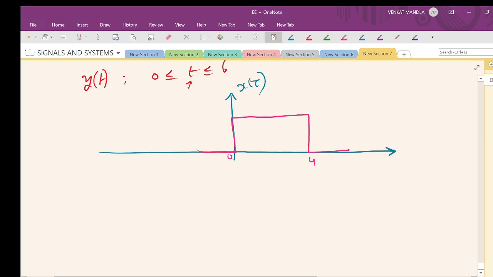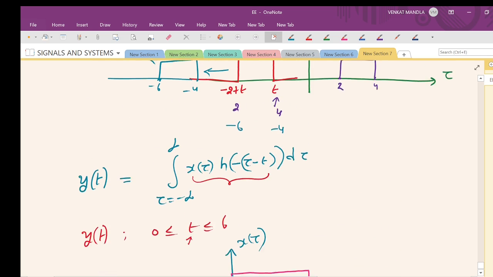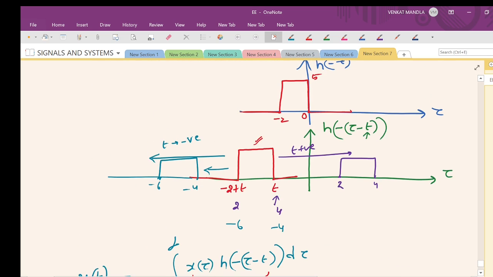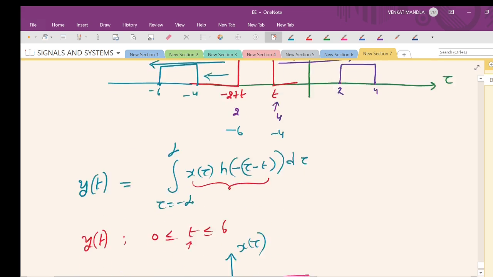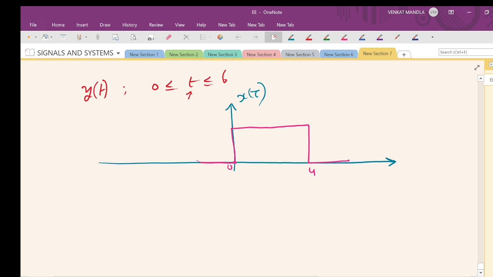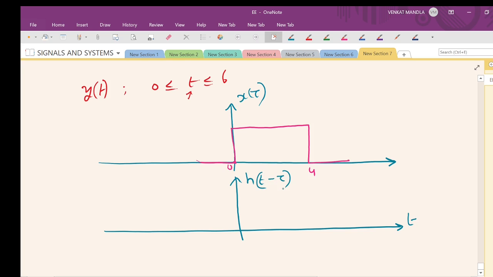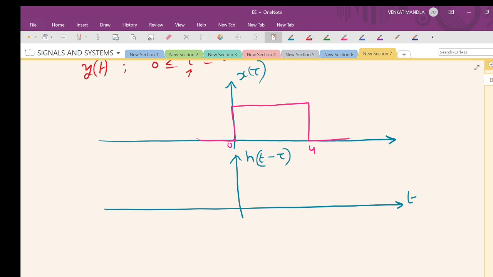This is the signal h(tau), and this is h(t minus tau). I will draw that below x(tau). This is h of t minus tau.